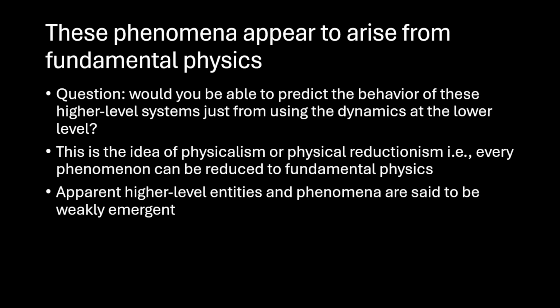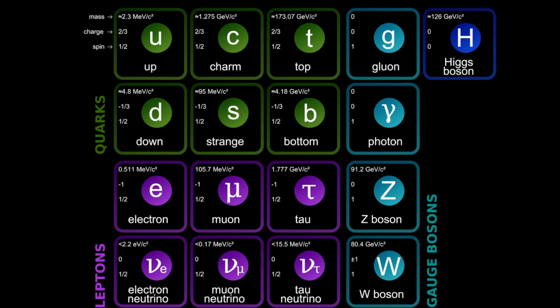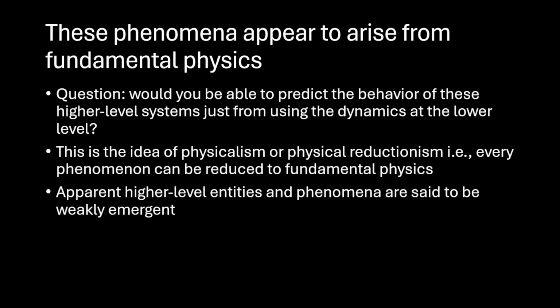So what we've been doing is showing how you can start with the most fundamental layer of reality and build your way up to more complicated phenomena. So these phenomena appear to arise from fundamental physics. Now, this is the question that we want to ask.